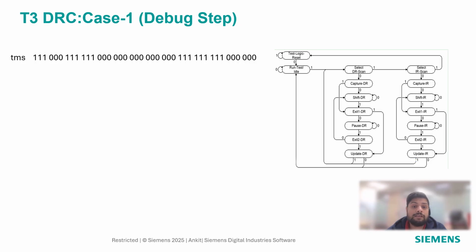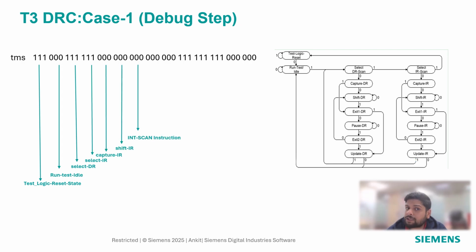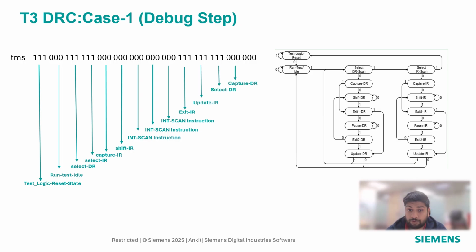As we know, when TMS is 1, it goes to the test logic reset state. When TMS is 0, it goes to the run test idle state. When TMS is 1, it moves to the select DR state and continues moving through the states depending on each TMS value. So by following the TMS sequence from the test setup output, we can track exactly how the tap controller is progressing through the state machine.